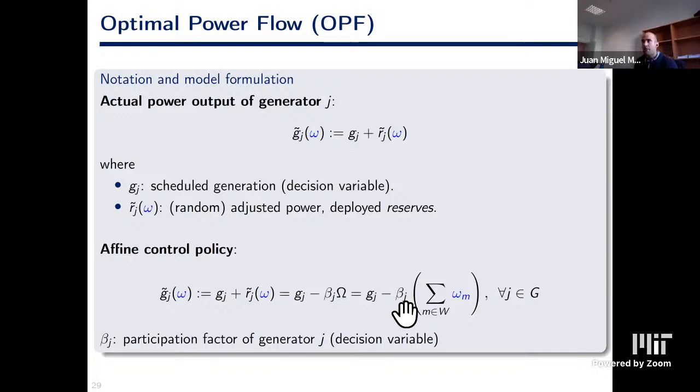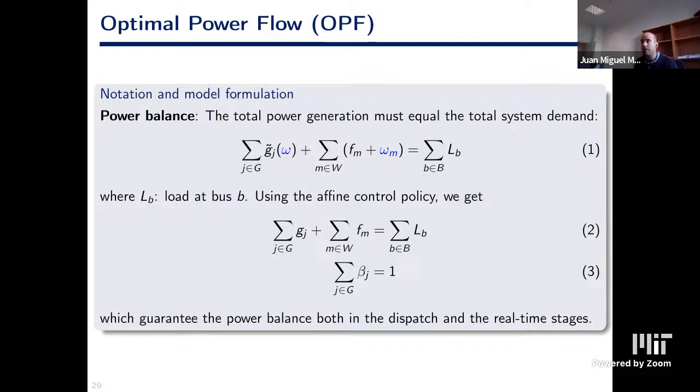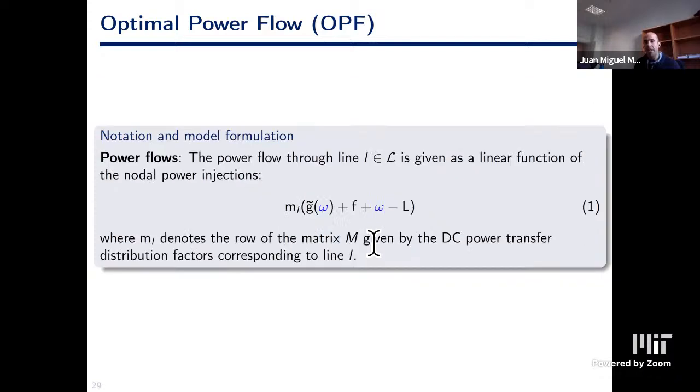Okay, the power balance between generation and demand implies that the summation of those participation factors must be equal to 1, and that the generators' power dispatch plus the predicted wind power production must be equal to the system load. Finally, as before, power flows are computed by means of the power transfer distribution factors.